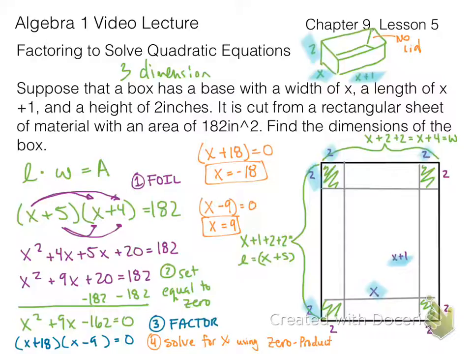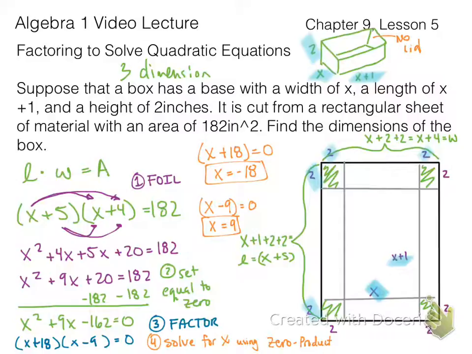The thing is though, one of these answers doesn't work. That's when this whole real world situation comes into play, and you need to pay attention to it. You can't have a negative dimension. My box is not negative 18 inches wide, because x equals negative 18 wouldn't work.